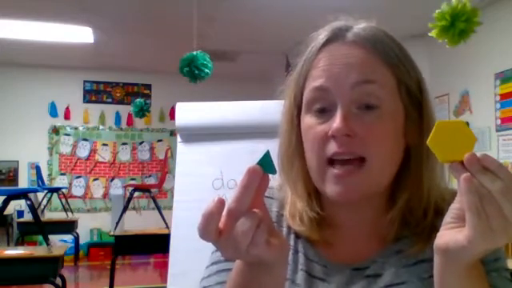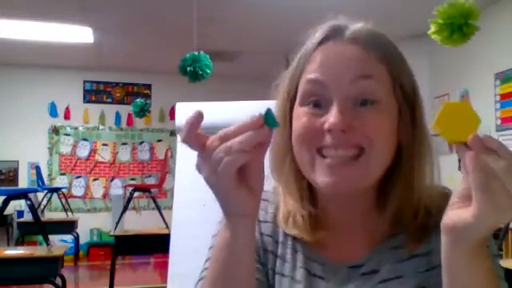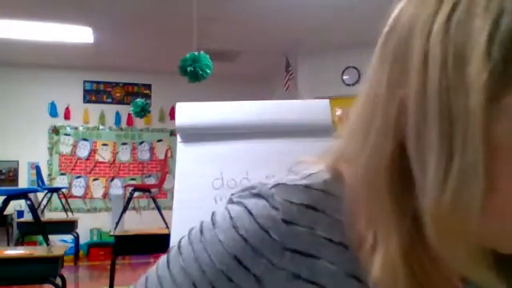But if you're looking through and maybe you find one that's different, different means not the same. So this green triangle is different because it's a triangle and it's green and it's very small. So different means not the same. These yellow hexagons are the same. The hexagon and the triangle are different.